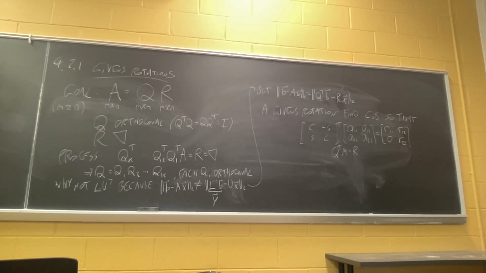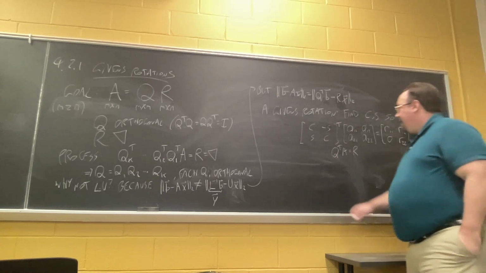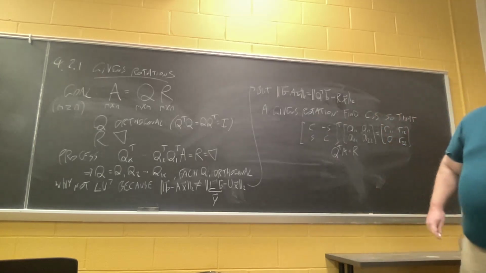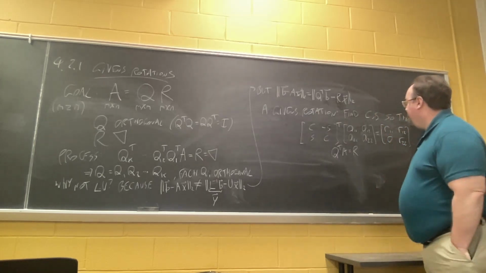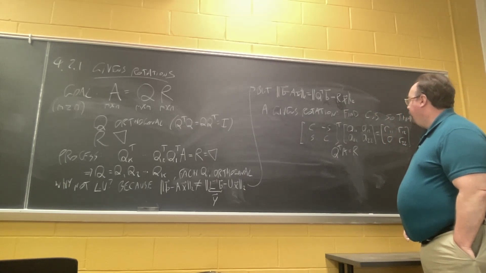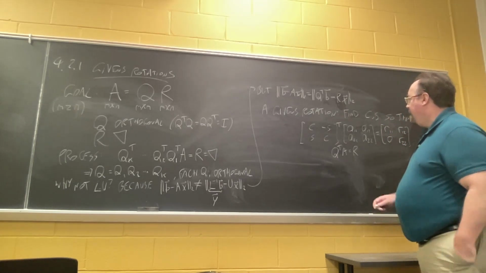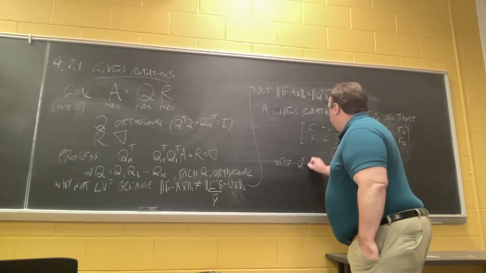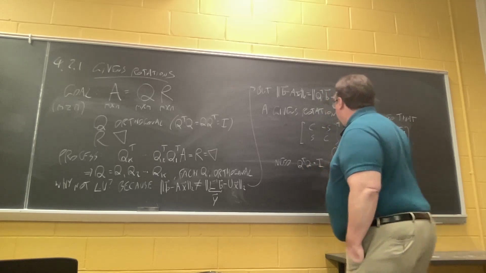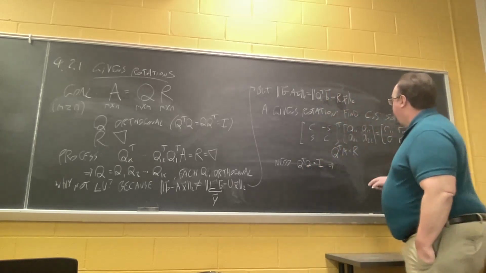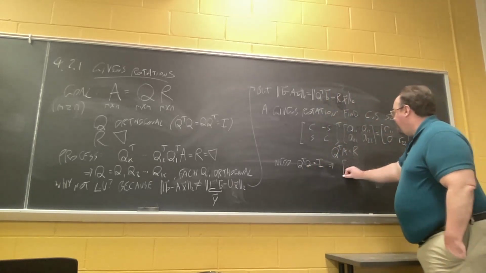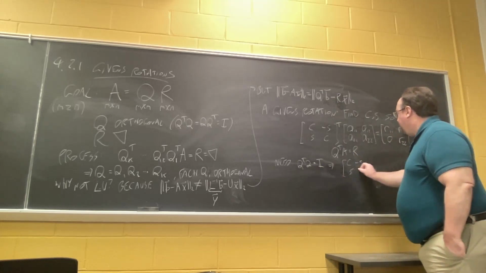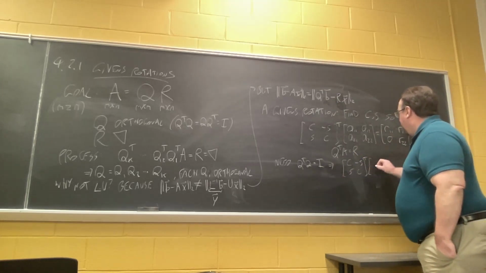So what we could do is carry out the multiplication. We need Q transpose Q to be equal to the identity. So Q transpose is [C, -S; S, C] transposed.